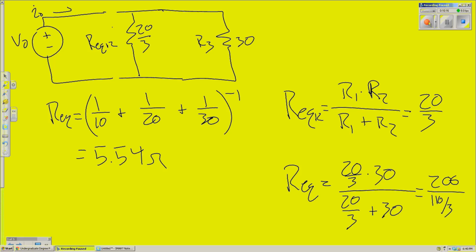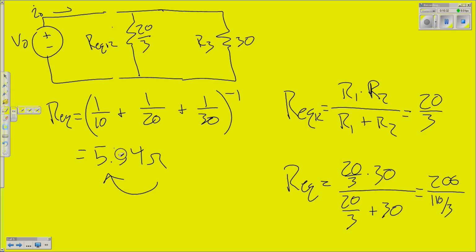Let me check that on the calculator real quick. Yeah, so again, we have 600 110ths, which is going to be the exact same thing as what we got over here. 5.54. Or sorry, 5.45. Blame that on my dyslexia.